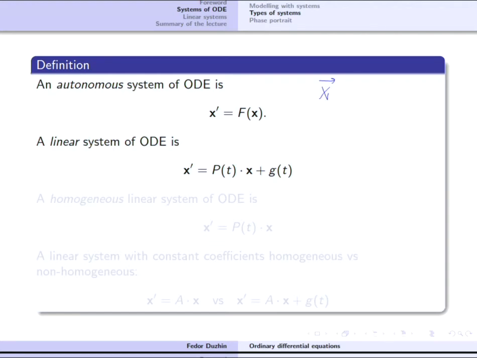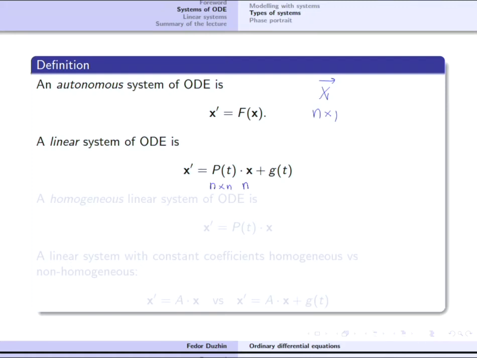A vector can be thought of as a matrix of size n times 1. Then P of t is going to be a matrix n times n.